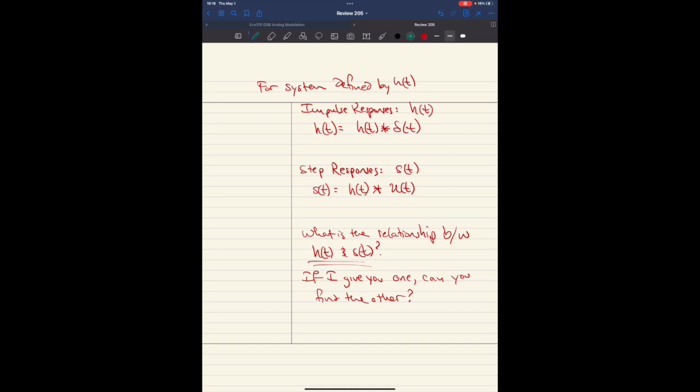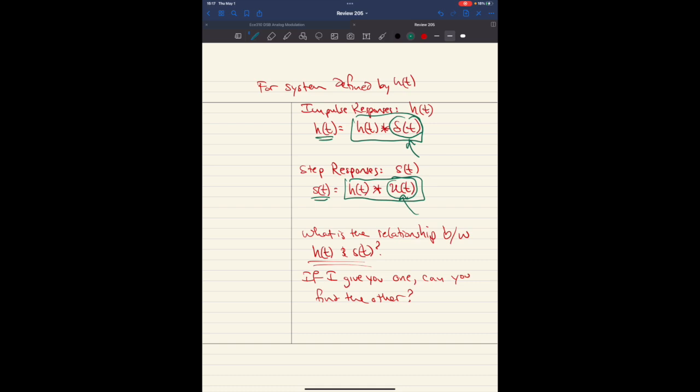The step response is the output of the system when the input to that system is the step function. The impulse response, its output is h of t whenever my input is this delta function. The step response is when I put in a step function. Makes sense, right? It goes along with the name. Impulse response, I put in an impulse. What did I get? Step response, I put in a step. What did I get?